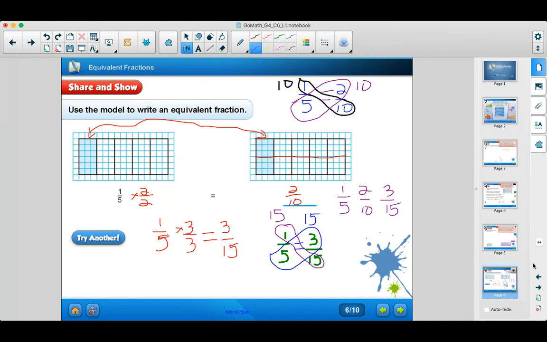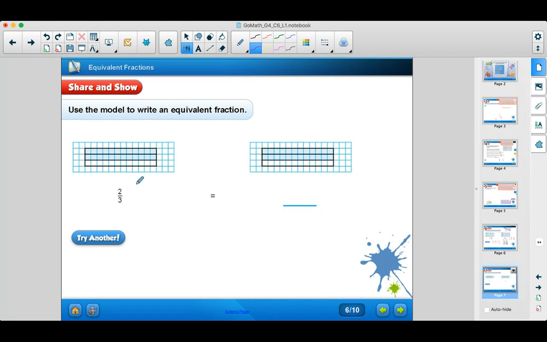Okay, let's go to the next page. I think the rest you can do on your own. But right now, they're saying use the model to write an equivalent fraction. Always to write an equivalent fraction, just multiply the numerator and the denominator by the same number.